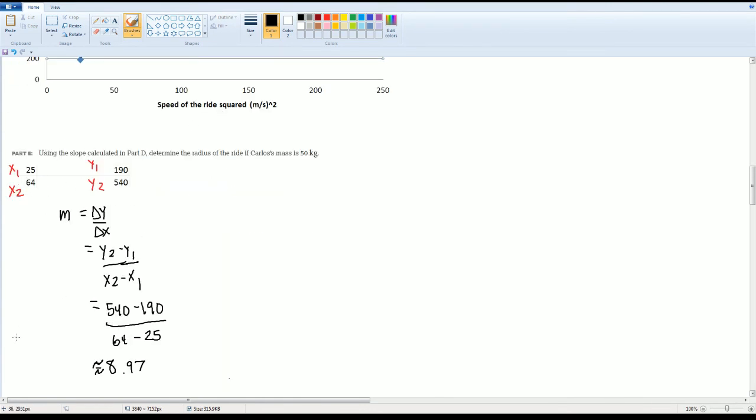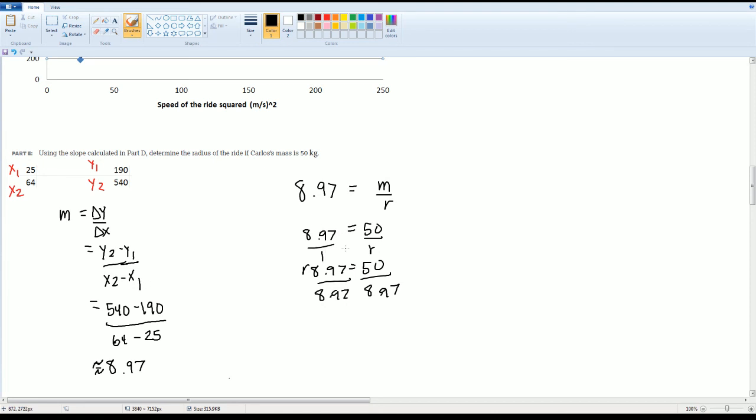The slope is 8.97, so we could say 8.97 is going to be equal to Carlos's mass divided by the radius of the ride. Carlos's mass is 50, so 50 over r. Multiply by r: r times 8.97 equals 50, then divide by 8.97.